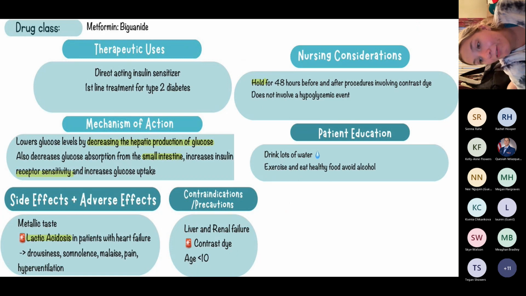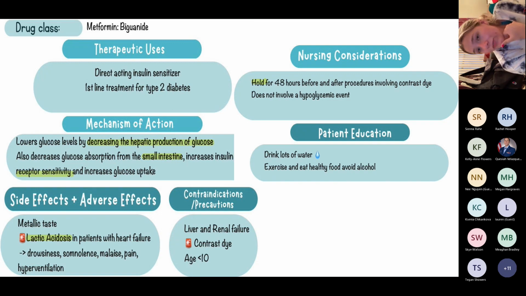Up next, we have metformin, which we talked lots about in our cardiac lecture. But with metformin, I kind of lied a little bit to you guys about our heavy hitters. So our antibiotics, our NSAIDs, and our metformin. Okay. But metformin is really harsh on the kidneys.